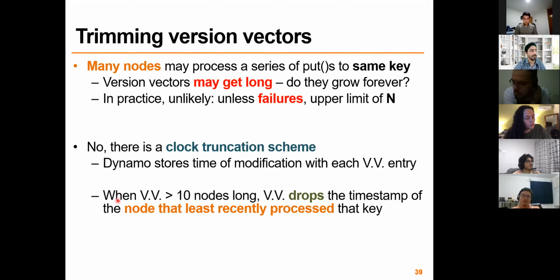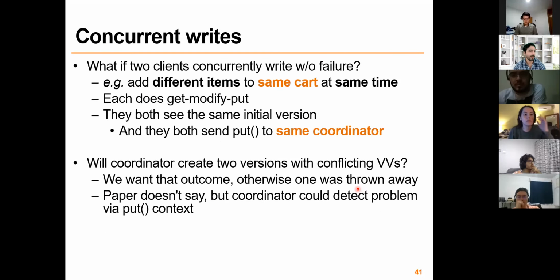Let's say, for example, when a version vector is bigger than 10 nodes long, it drops the timestamps of the nodes that least recently processed. So let's say you just keep the last 10 operations, okay? When you start truncating the list, you don't want to keep that version vector forever.